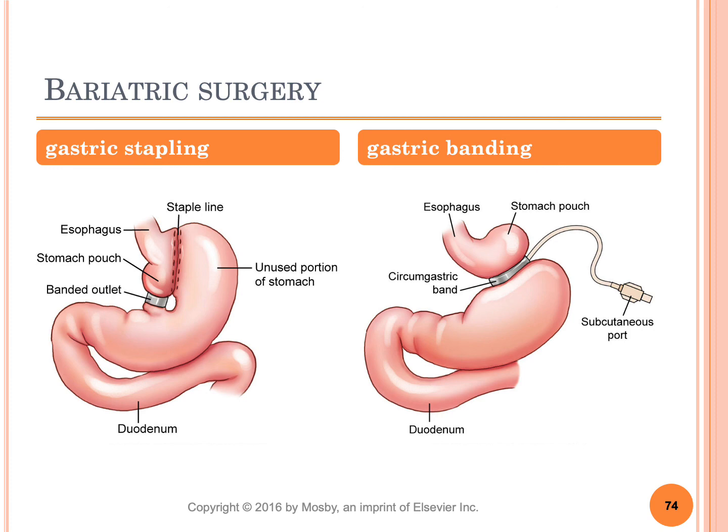Or with the banding, they put this band around there, and this port goes out by the skin, right under it, and they can inject saline that can control the contents that way.